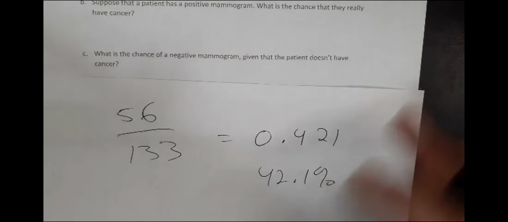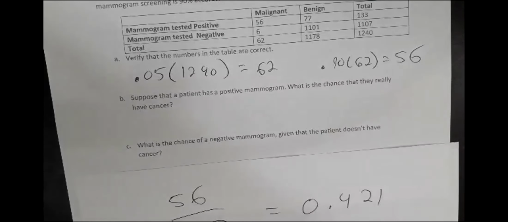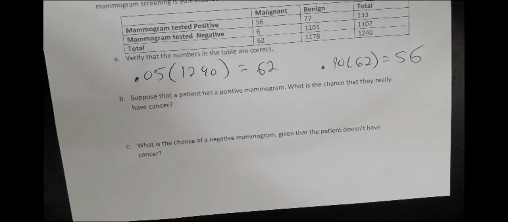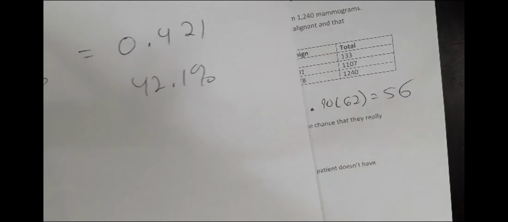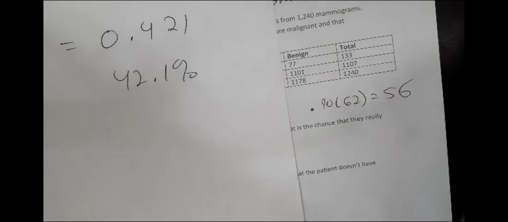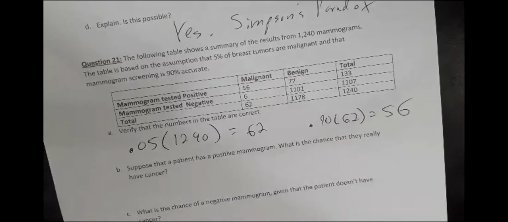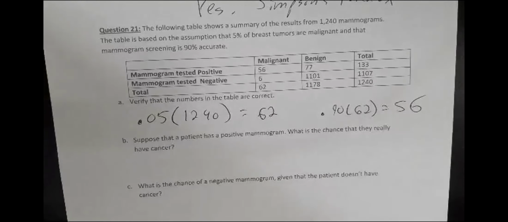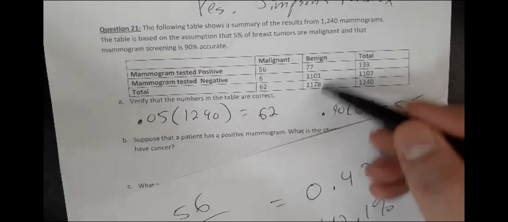What is the chance of a negative mammogram given that the patient does not have cancer? So now they're telling us they do not have cancer. So this is narrowing it down. I should only be looking at the part where they do not have cancer. So what is the chance of a negative mammogram? I'm looking along here.